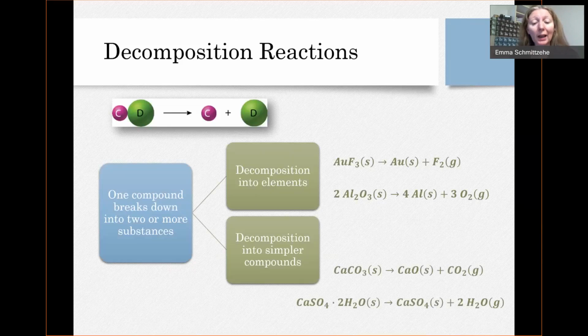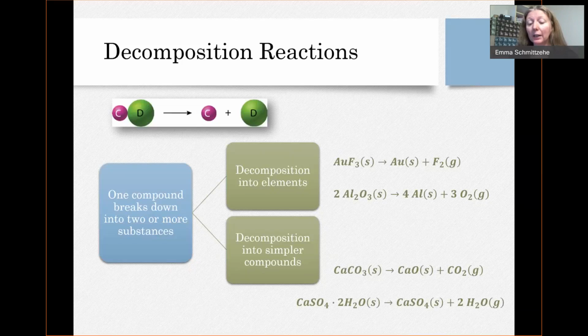You can also have decompositions that just decompose a compound into simpler compounds. So not completely into each individual element, but just smaller molecules. A couple examples: if you have calcium carbonate, it's going to break up into calcium oxide and carbon dioxide.